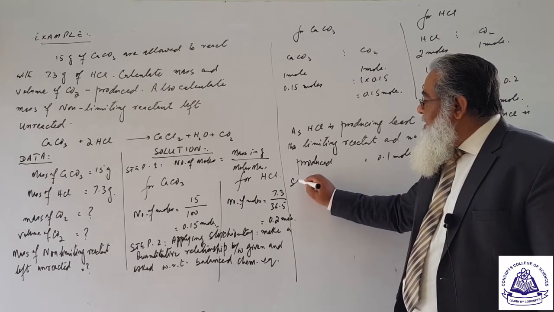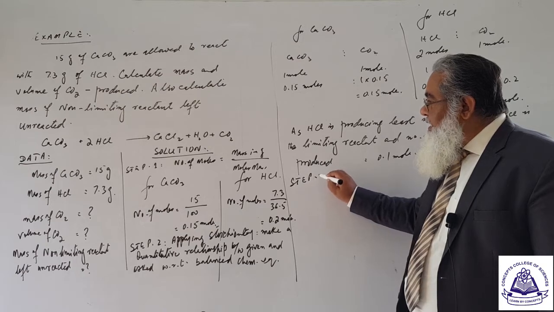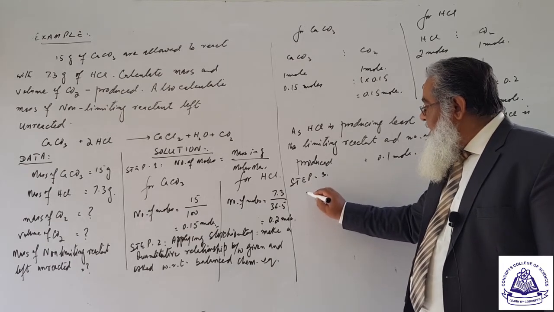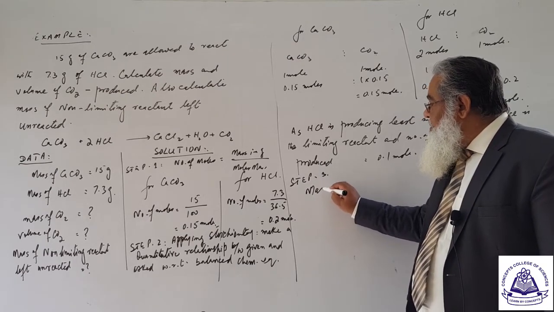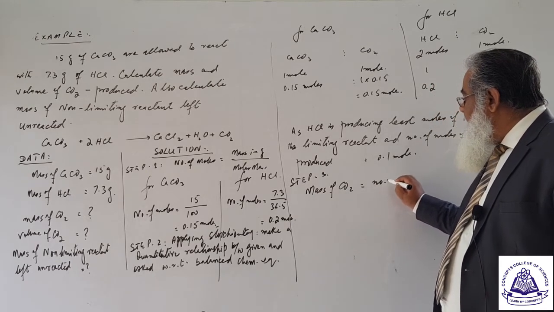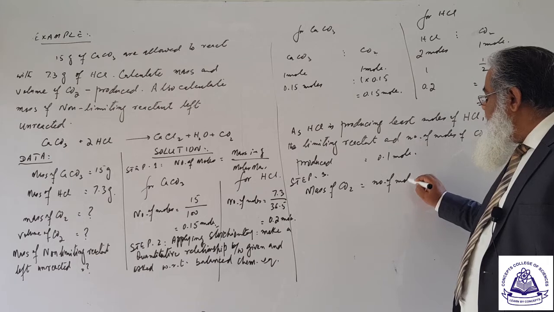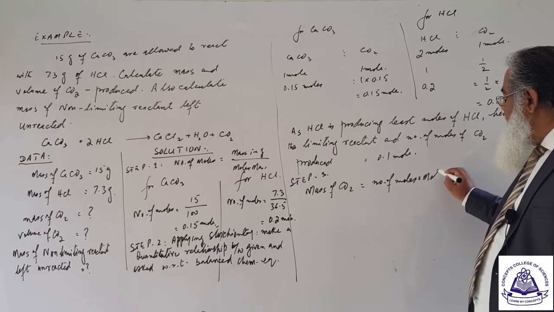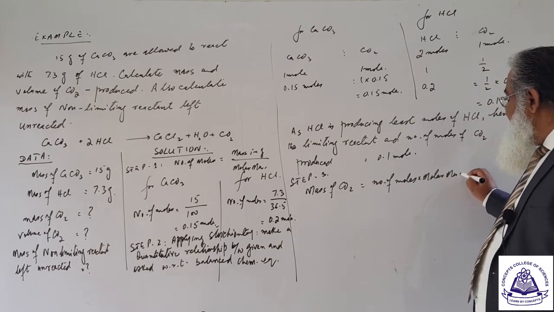Now applying step 3, we can find the mass of carbon dioxide gas produced by applying the formula number of moles into molar mass.